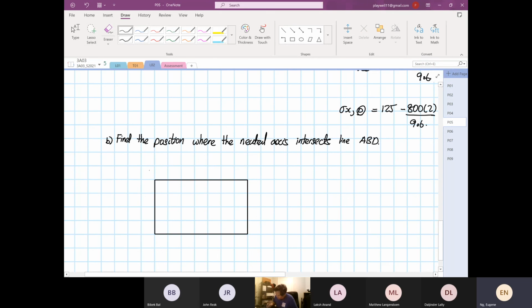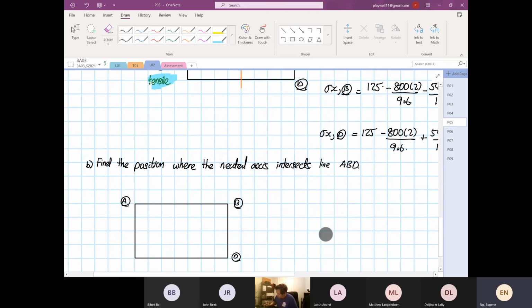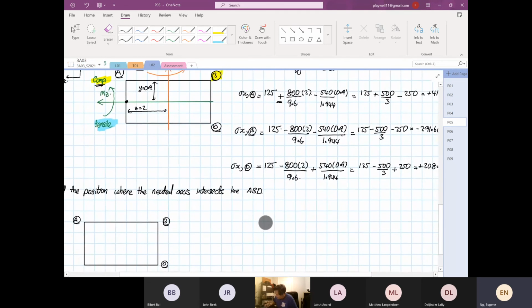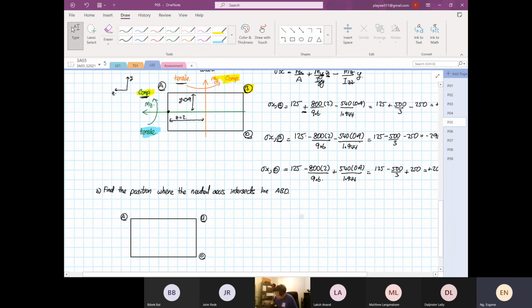Okay, so this is our point A, point B, point D. So we know our point A, we have positive 41.667.